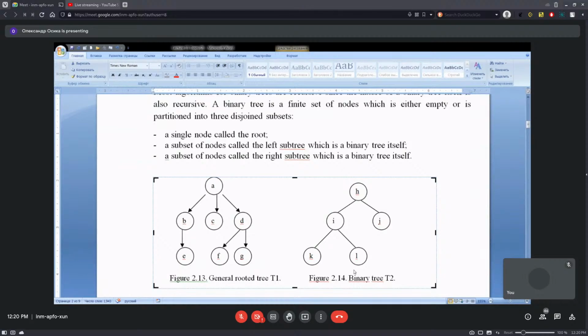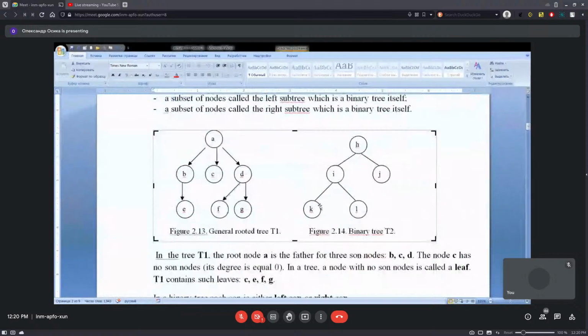Now, but if it is a binary tree, then it is also divided into a root and a left subtree, a set of nodes which make the left subtree of I, and a set of nodes which make the right subtree of I. Here, the left subtree, again, is partitioned into such subsets: root, and the left subtree is an empty set of vertices, and the right subtree is an empty set of vertices.